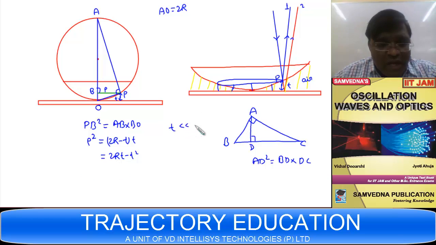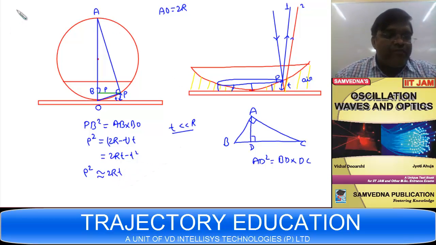And this is a planoconvex lens with a very high radius of curvature. T is very small compared to R, so I can say rho square is almost equal to 2RT.